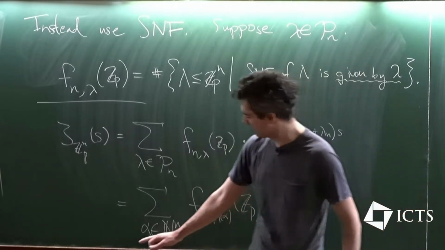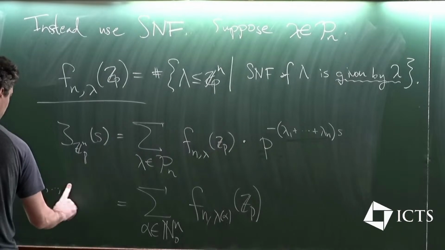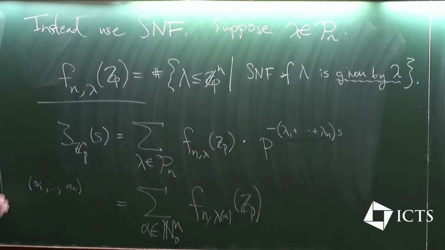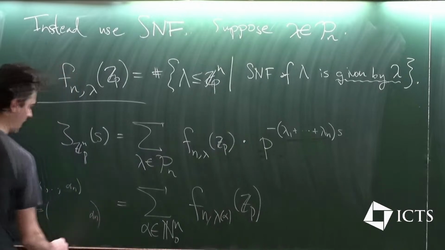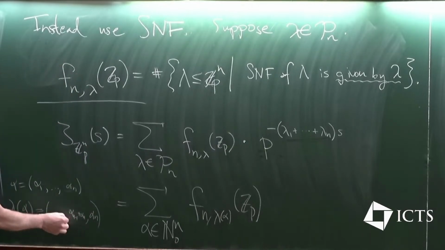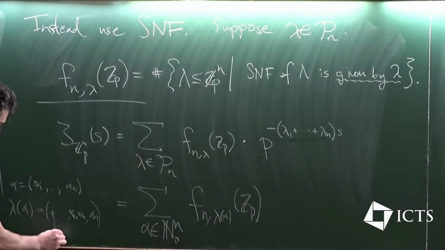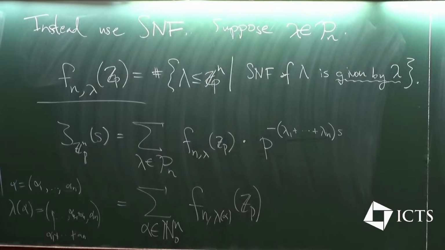From an alpha, any vector like this, I can determine a partition, lambda alpha, by adding from the right. I would have alpha n here, alpha n minus 1 plus alpha n, and so on until the very first coordinate would be alpha 1 plus all the way up to alpha n. This would define a partition.